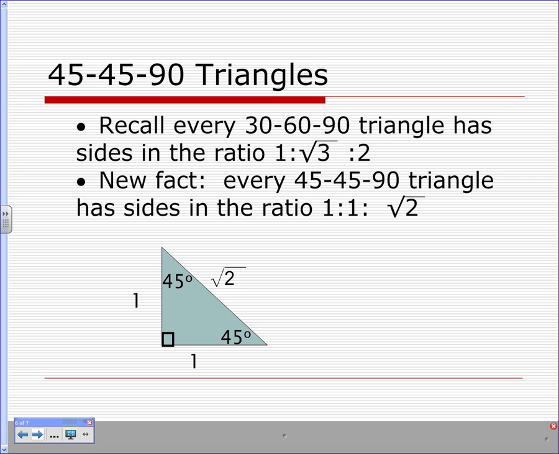Because 1 squared plus 1 squared equals square root of 2 squared, using the Pythagorean theorem. That's true, right? 1 plus 1 equals 2. So your side lengths are 1, 1, and square root of 2.